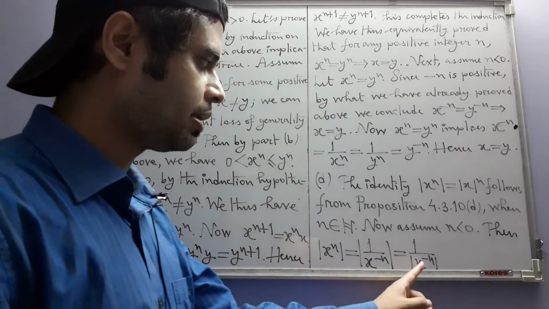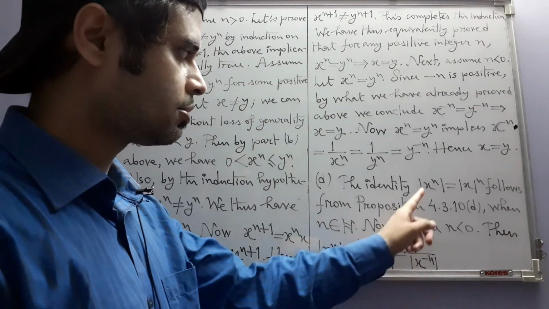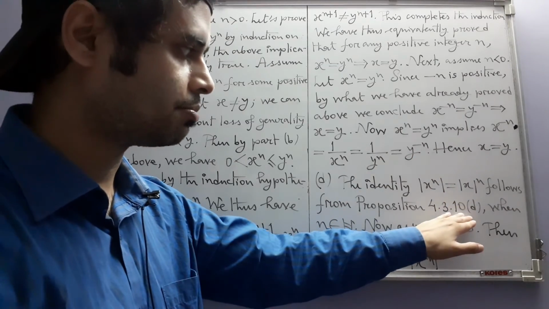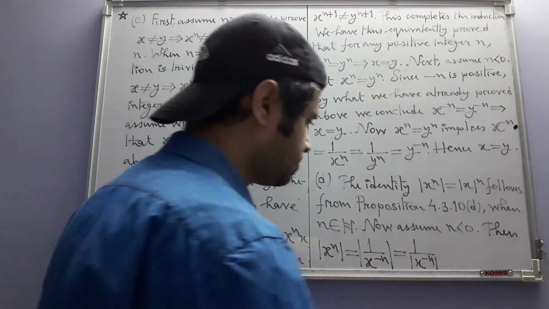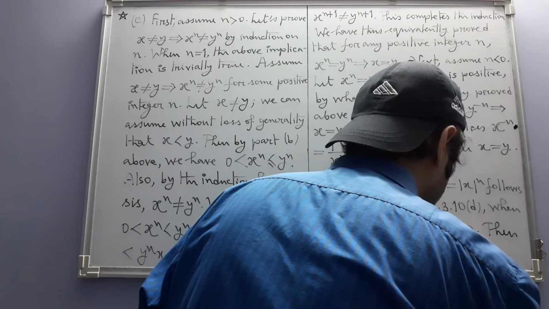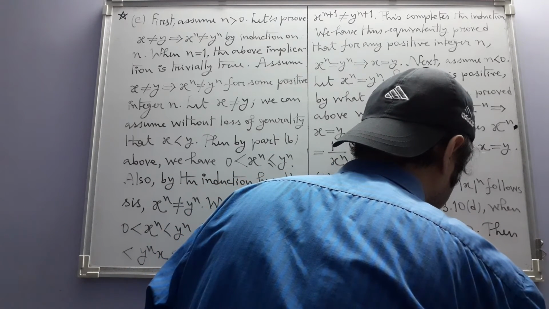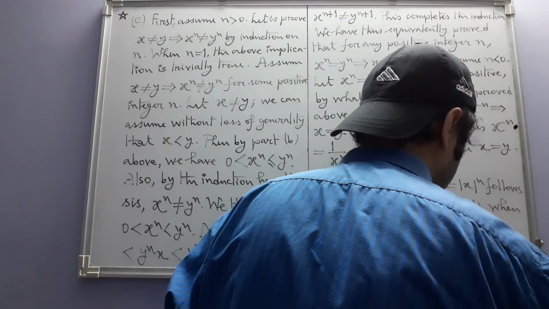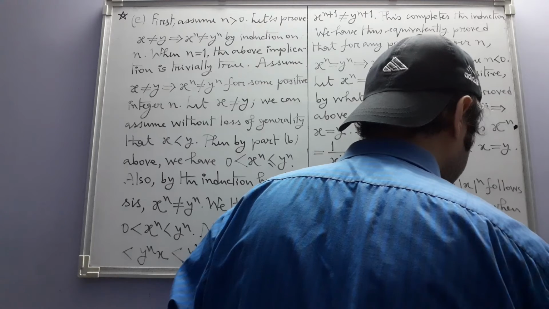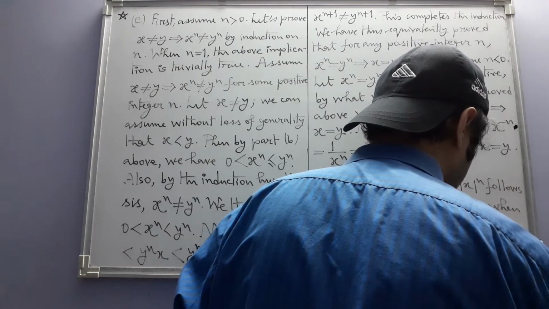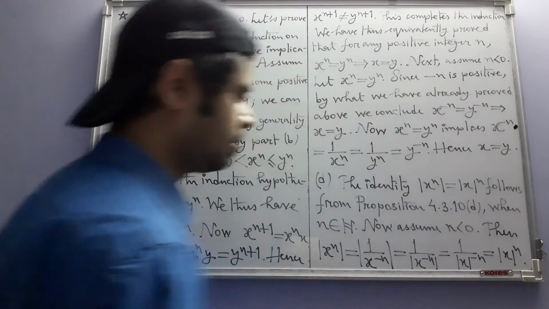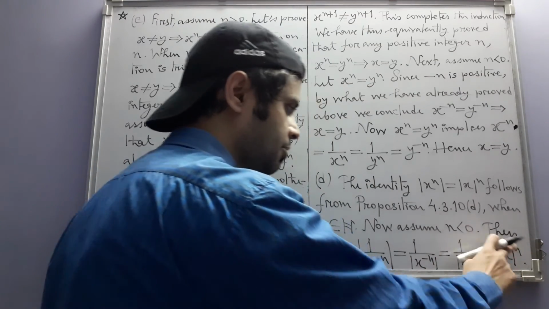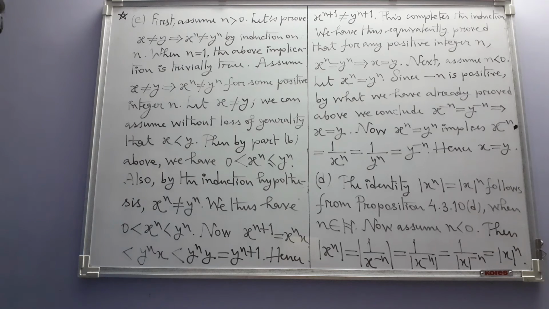Now because minus n is positive, we can use this case which we already have from proposition 4.3.10D. So this will be equal to 1 by this whole to the power minus n, and this is nothing but to the power n, again by definition of exponentiation where the exponent is negative.